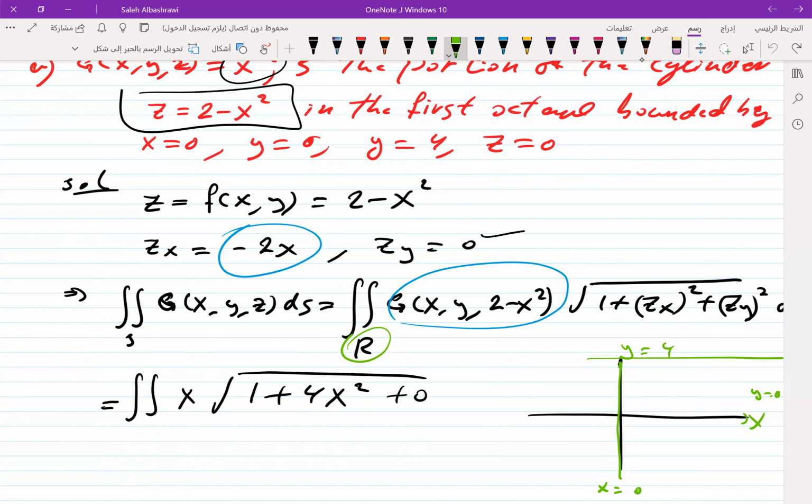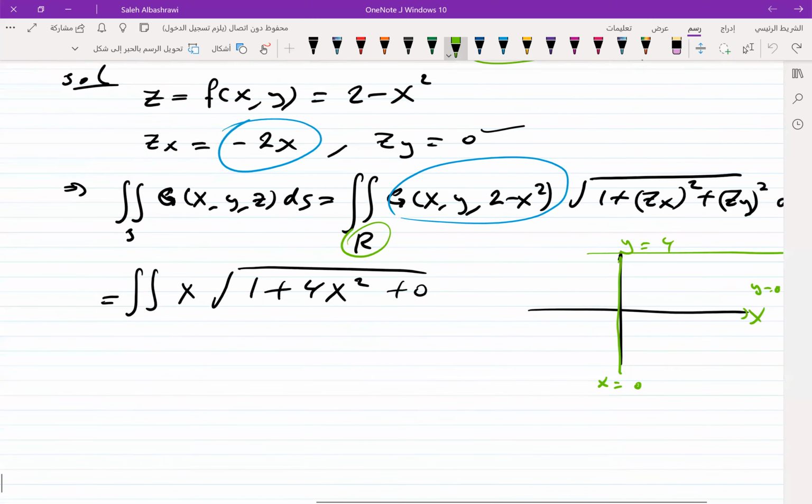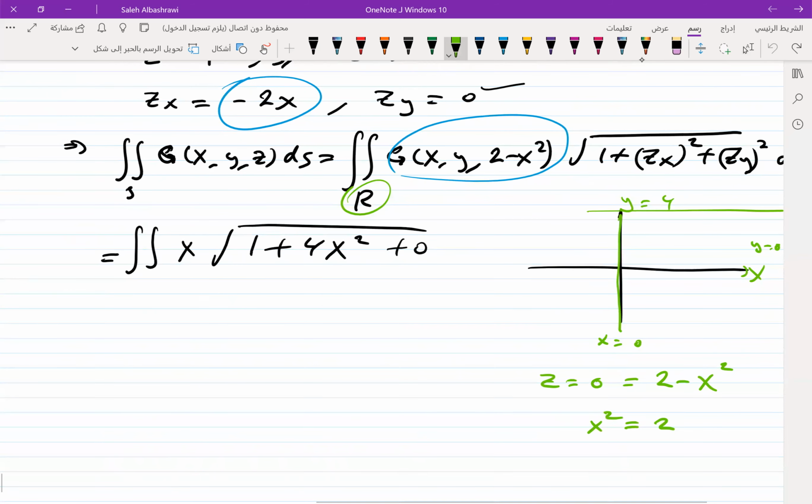We are given that z equal to 0. So if we replace z by 0, z equal to 0 is equal to 2 minus x squared. It means x squared equals 2, or x equals plus or minus square root of 2.